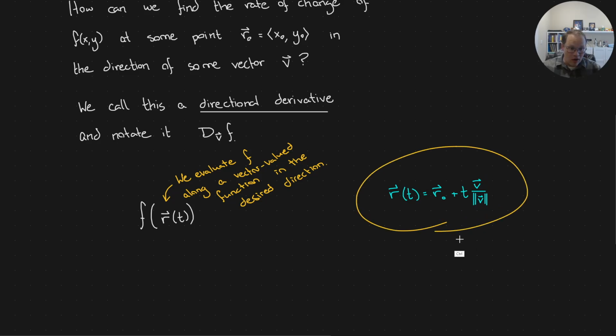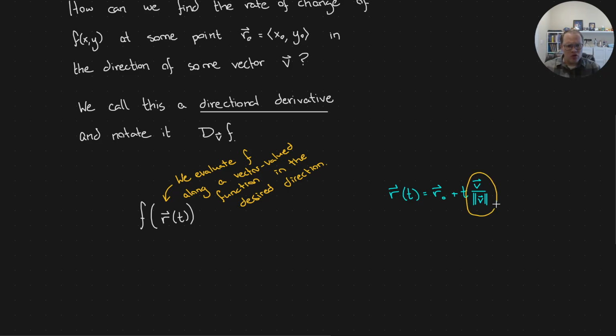So this is an arc length parameterization, and it standardizes how fast we move along the trajectory, so we don't have to worry about whether we're going faster or slower. By using a normalized unit vector here, we make sure that we are traversing the trajectory, going over the surface, at the right speed. Okay?